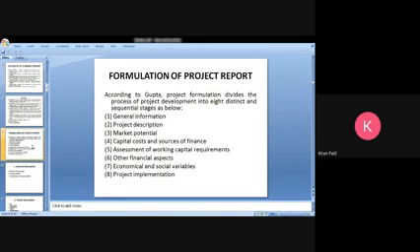The next one is industry profile. So what does industry profile mean? A reference analysis of the industry to which the project belongs.